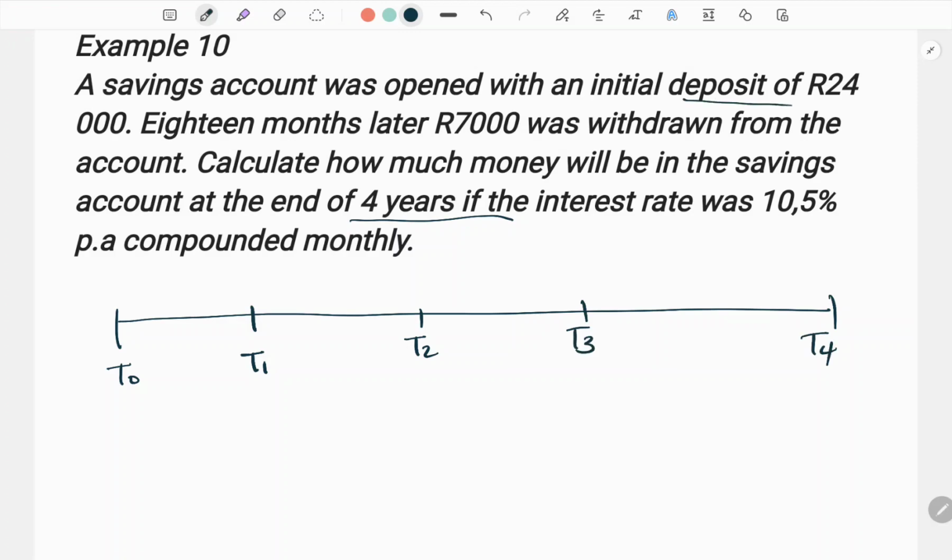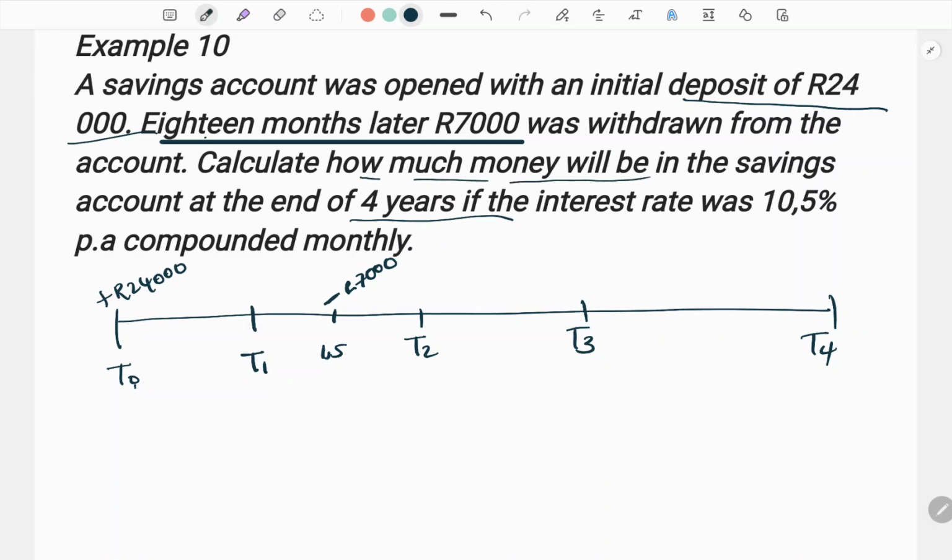And then the deposit is 24,000. 18 months later, 7,000 was withdrawn. 18 months is, let me just check, 18 divided by 12, 1.5 years. So it's 1 year, 6 months. So it's going to be there at 1.5. So you withdraw 7,000.